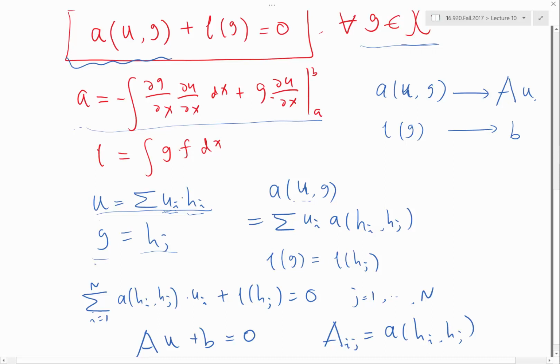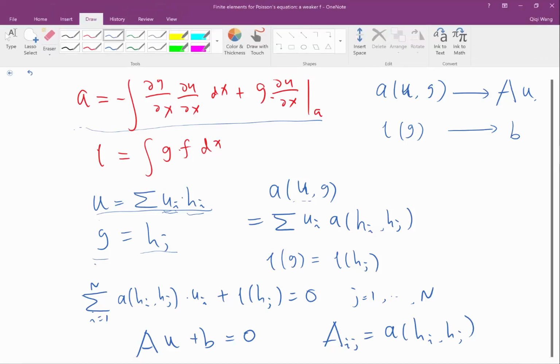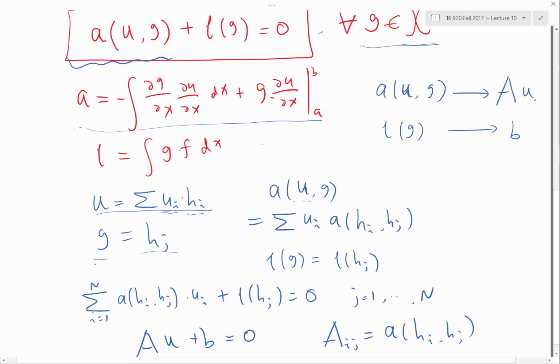A can be applied to U and G. And it's bilinear, which means it's linear with respect to both arguments. So the bilinearity applies in the sense that if you take A of U1 plus U2, G is equal to A of U1G plus A of U2G, right?